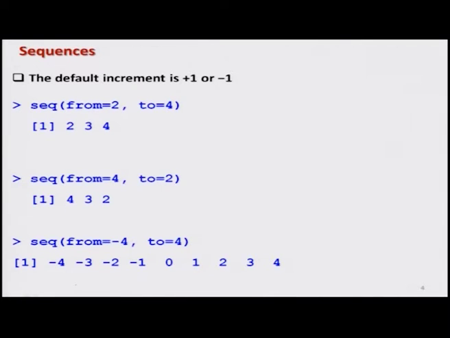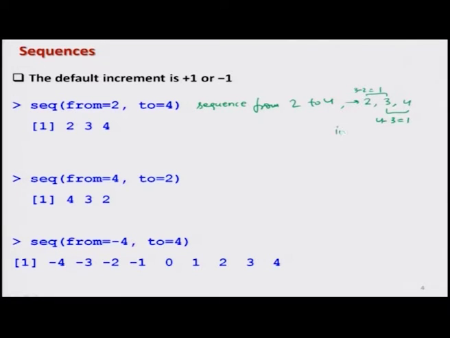Here I want to generate a sequence from 2 to 4, and I want all the numbers to be arranged in an increment of 1. So, the sequence will look like 2, 3, 4, and you can see the difference between 3 minus 2 here is 1, the difference between 4 minus 3 here is 1.